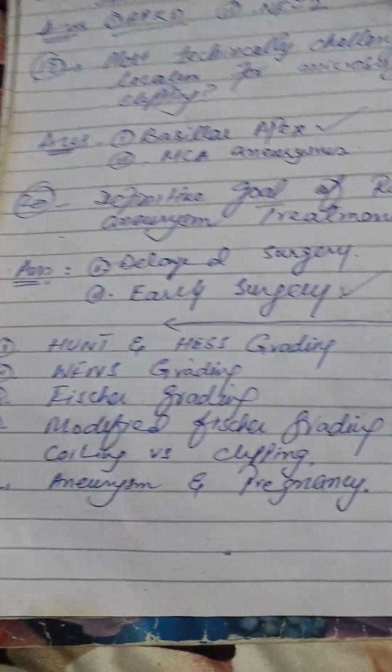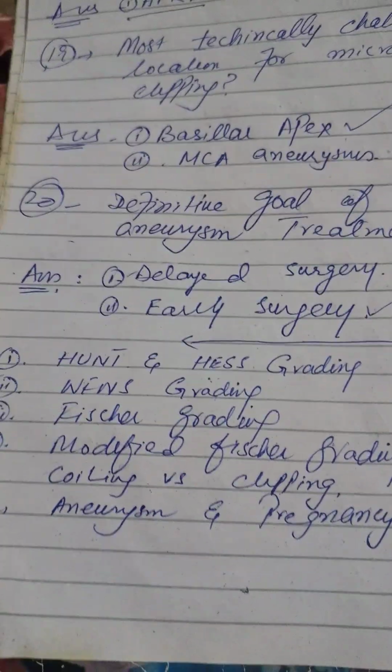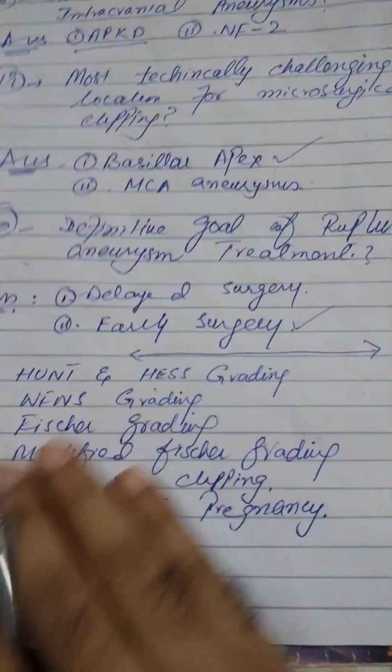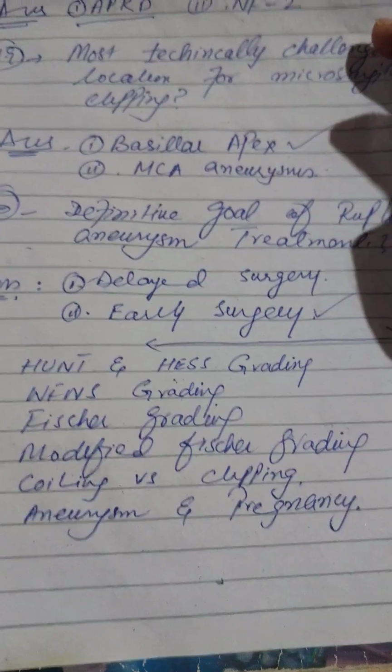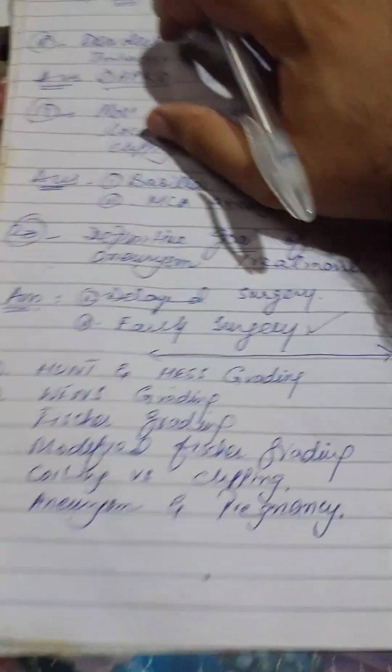So we have come across around 20 important points in aneurysm management and aneurysm surgery.